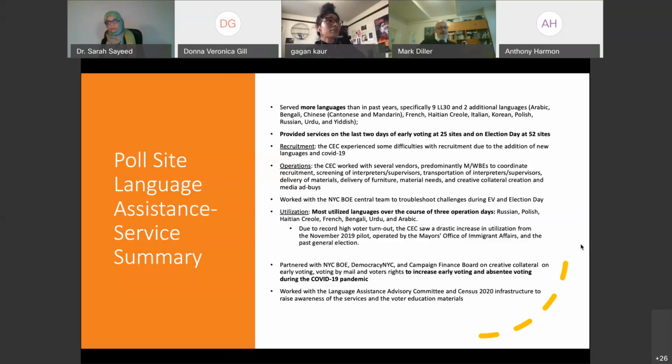The first day on October 31st, when it was really cold, we had interpreters who were so dedicated and wanted to stay the whole day, and we're like, no, it doesn't make sense for you to get sick, especially with the layer of COVID-19 and the fact that these folks showed up and they were so dedicated to the work.